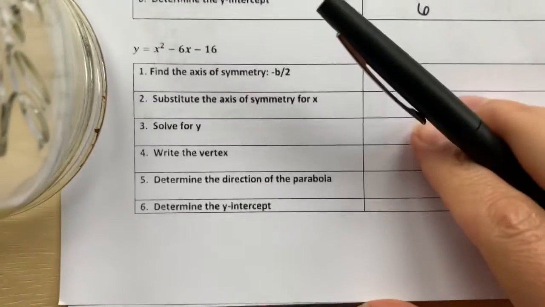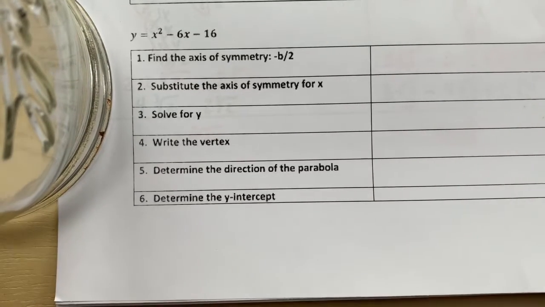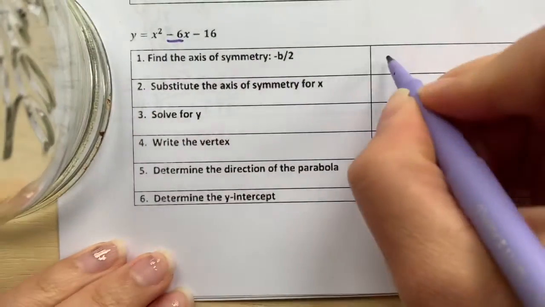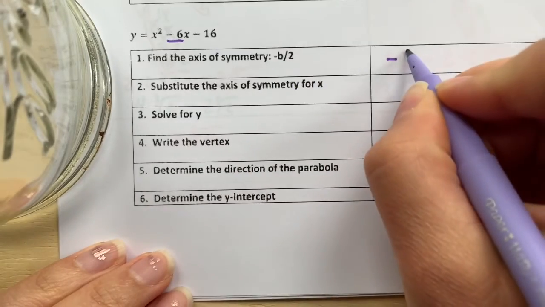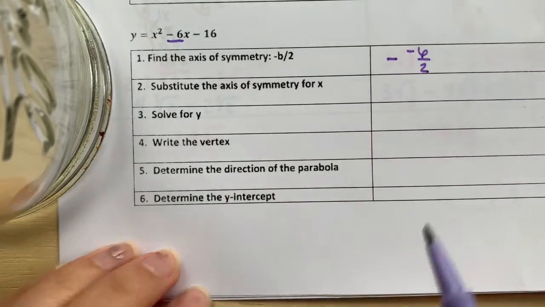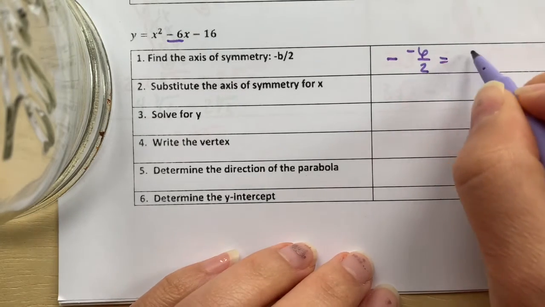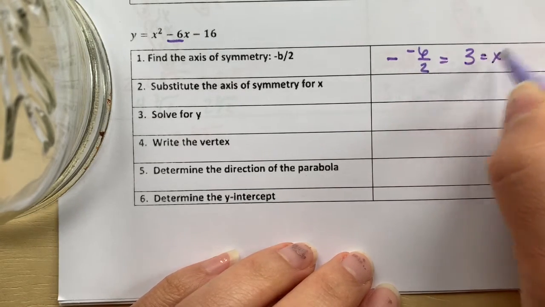Our last one that we're going to look at for today, we're going to find the axis of symmetry. So we're going to use this negative 6. So it's negative 6 over 2. It's a negative times a negative, so it's going to be a positive 3, and that's equal to our x value.